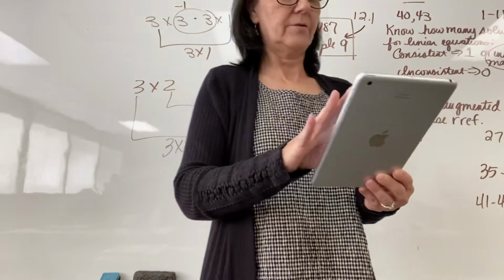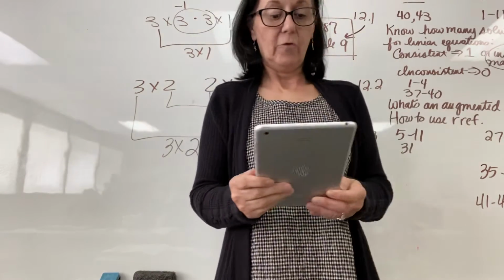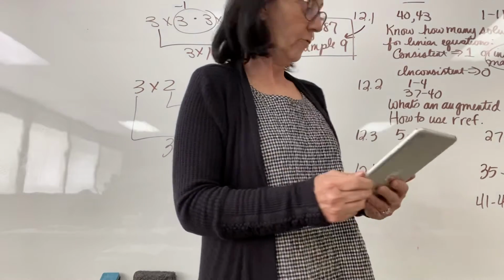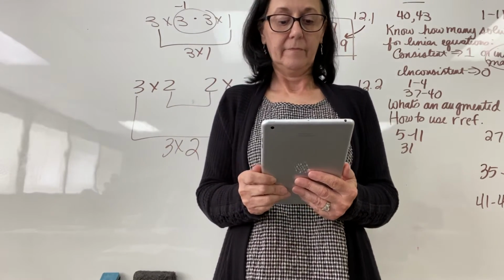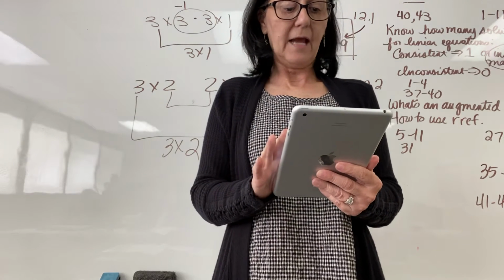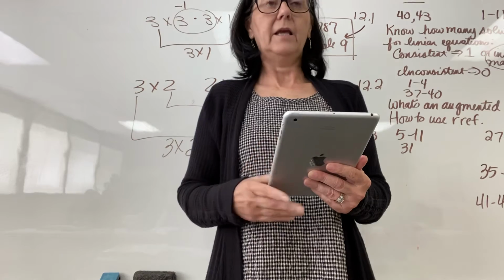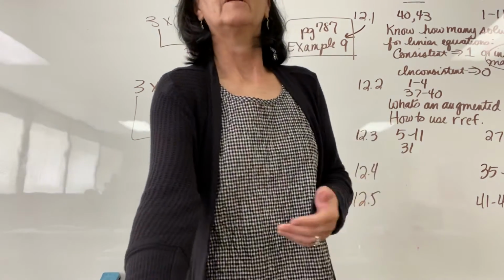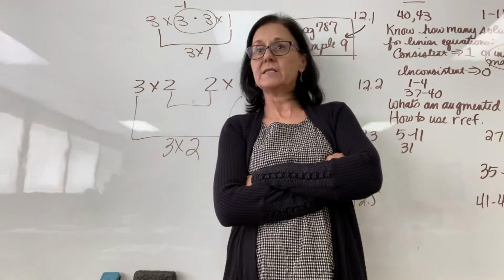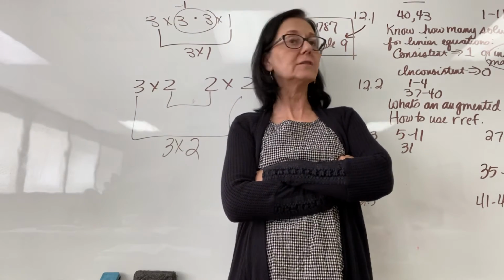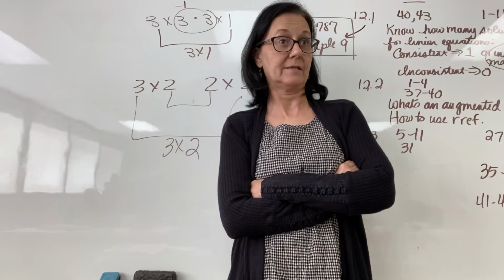All right, and that's through 38. Then I have 41 through 43 and 45. These have to be solved either using substitution or elimination. You can't use these. You cannot solve anything that's squared in a matrix.